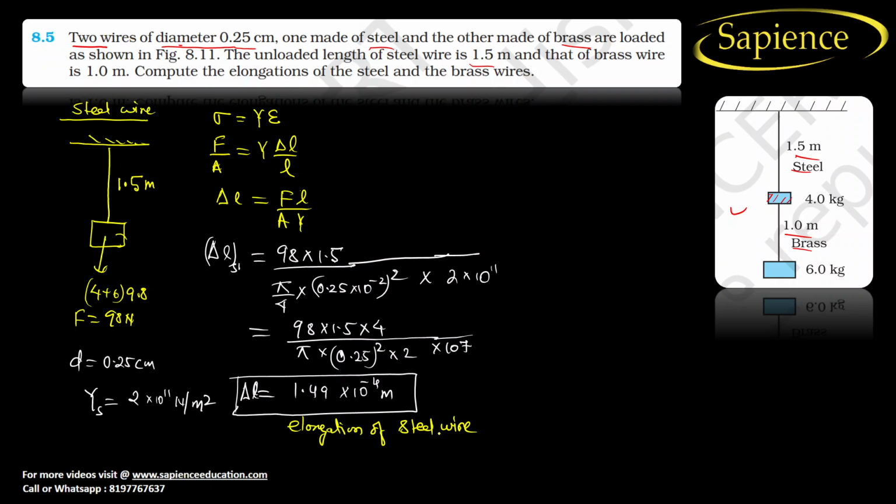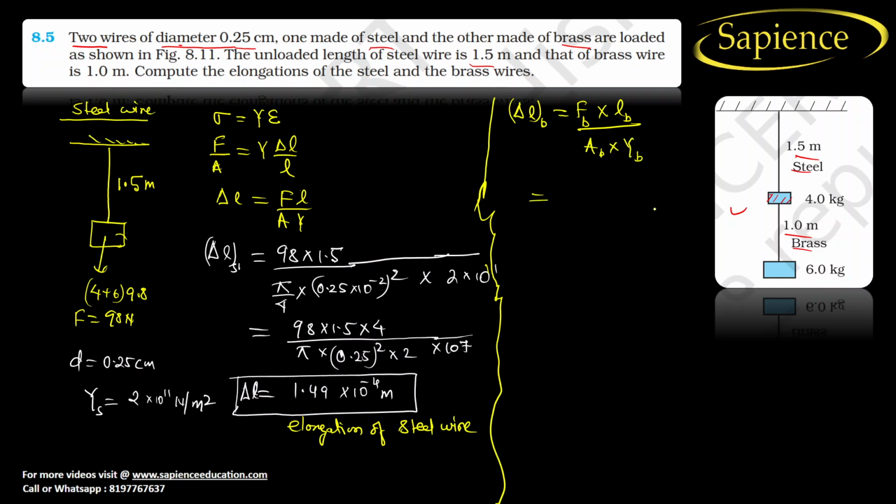I hope you have understood this. Now we need to think about the elongation for the brass. So what we have to do? See here, same formula: delta L for the brass is equal to force on the brass into length of the brass divided by area of the brass into Young modulus of the brass.